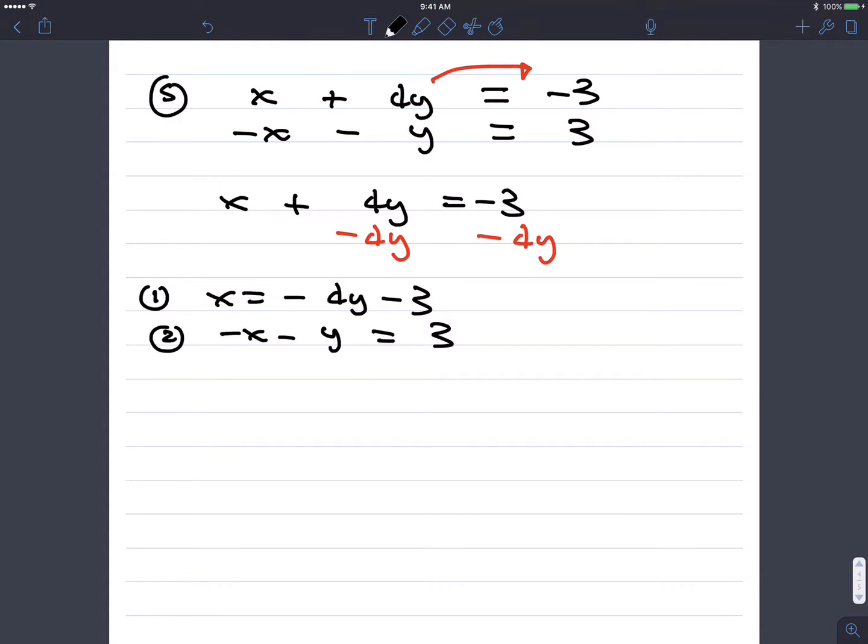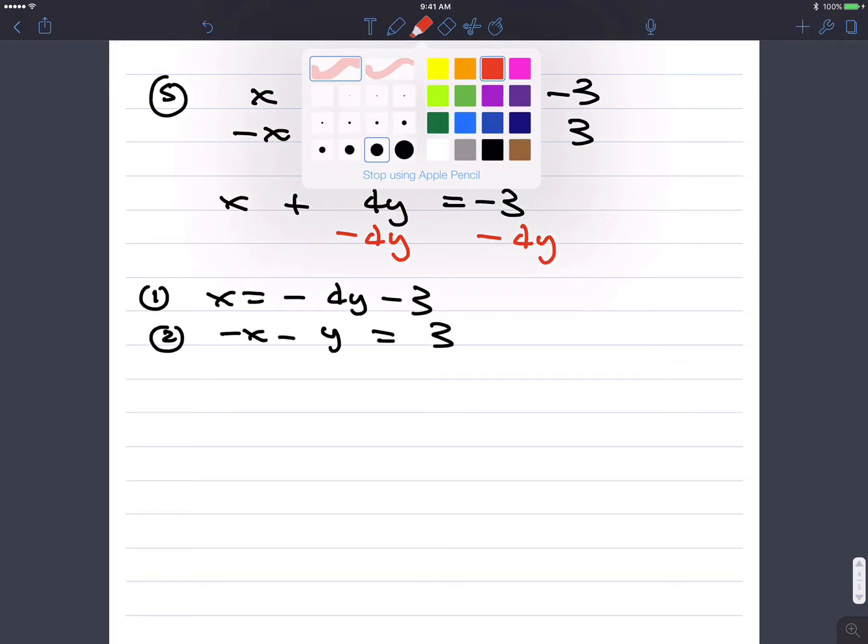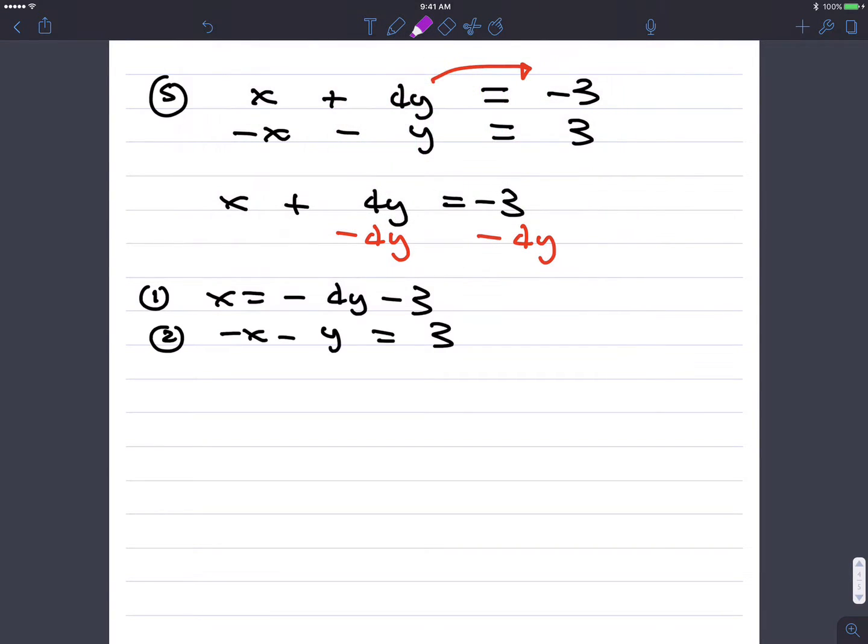So here's what we're going to do. Let's use this. Since x is negative 4y minus 3 in the first equation, we're going to plug it into the second equation. There's my x. We're going to plug in negative 4y minus 3.